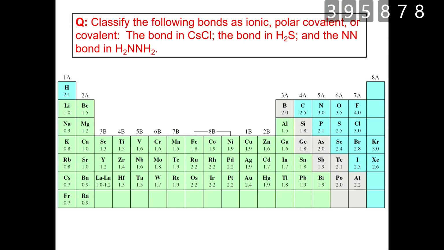The bond in CsCl, H2S, and the N-N bond in this compound. Here we have the electronegativity values.